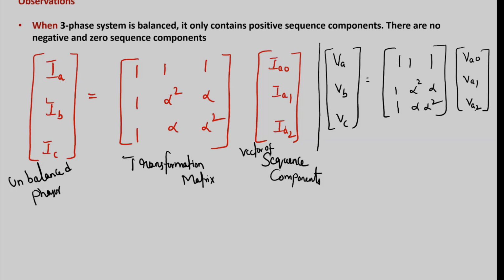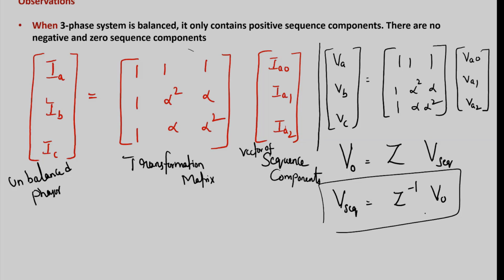So every time, rather than writing this, we can write the vector of unbalanced phasors equals Z into the vector of sequence components. So from this we can write sequence components equals Z inverse into the original unbalanced phasors.